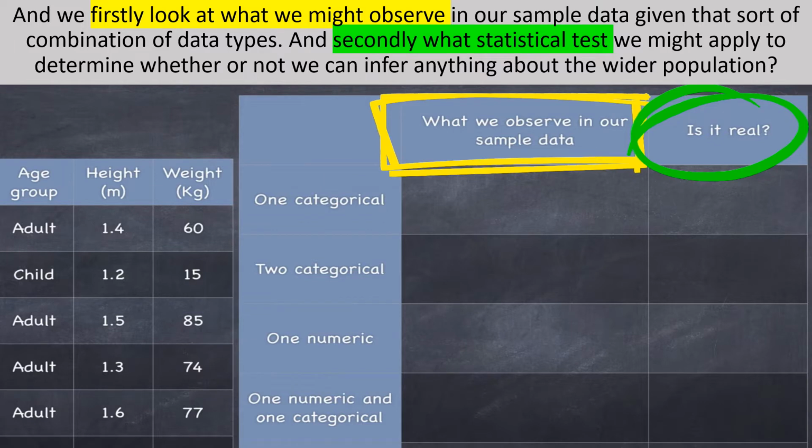Firstly, we look at what we might observe in our sample data, given the combination of data types you're going to use. And secondly, what statistical test we might apply to determine whether or not we can infer anything about the wider population.